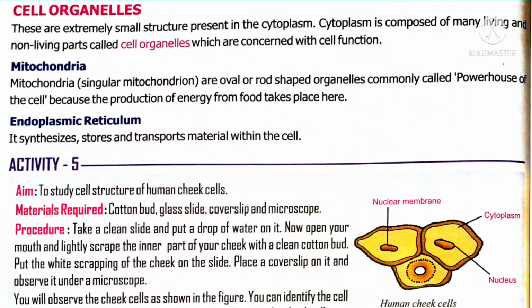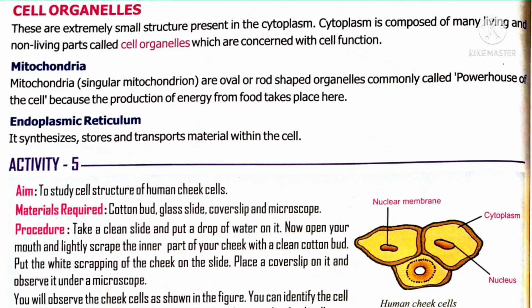Here is activity 5 to study the cell structure of a human cheek cell. When we check this human cheek cell under the microscope, we can see that there is no cell wall. Many organelles like cell membrane, nucleus, cytoplasm and nuclear membrane we can observe under the microscope.